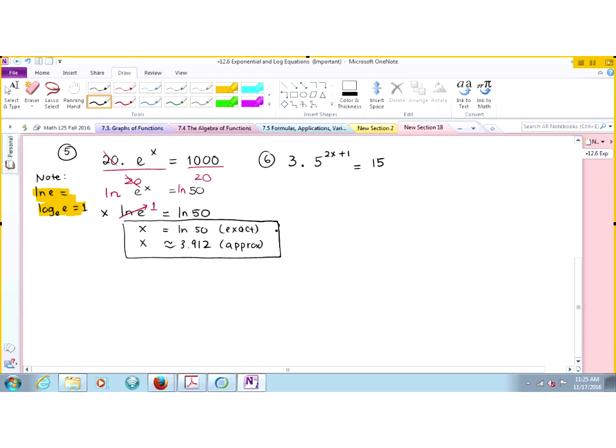Next, what do you think we will do here? We need to isolate, yes. We need to isolate 5 raised to the 2x plus 1. We need to isolate the base and exponent before applying log.